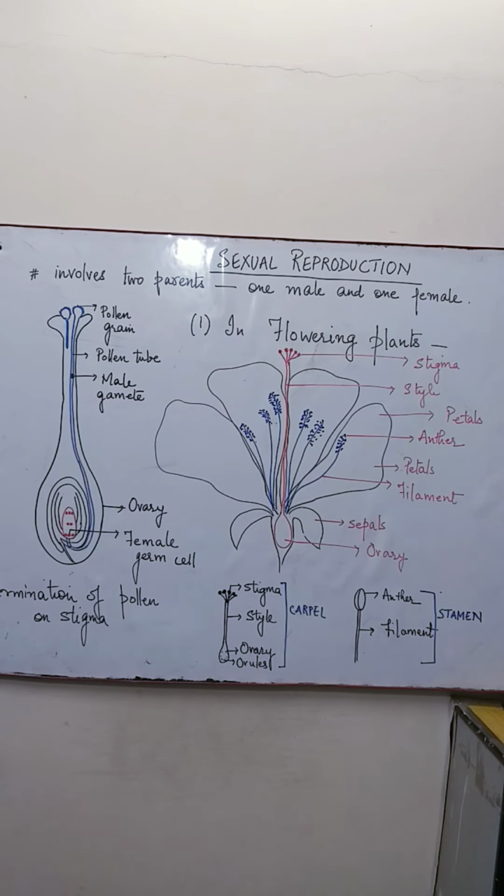Sexual reproduction is a process of combining DNA from two different individuals during reproduction. What do we mean by that?